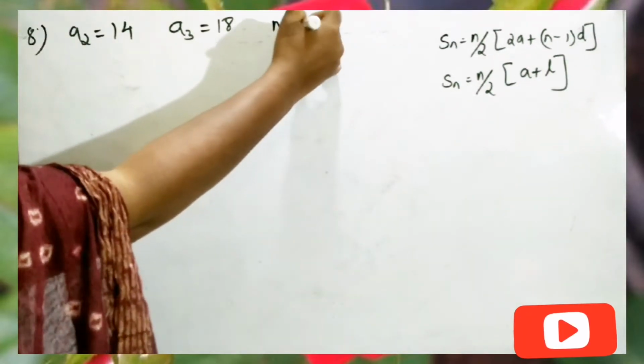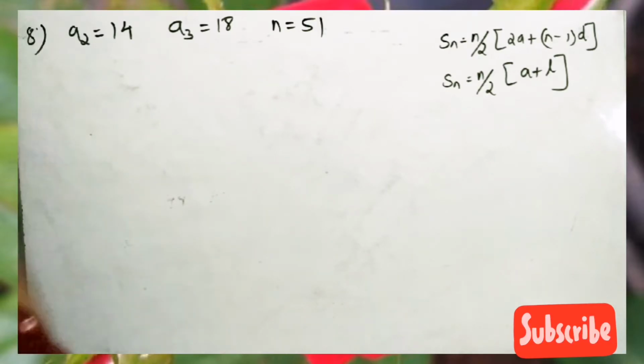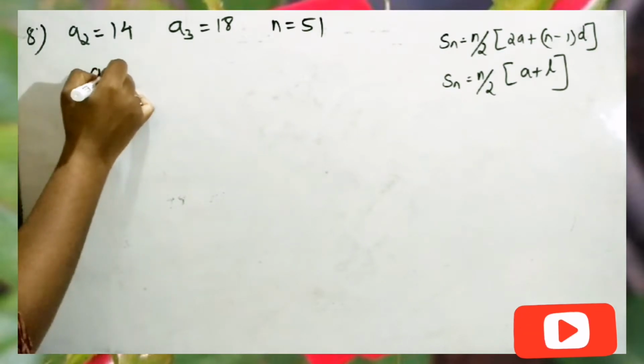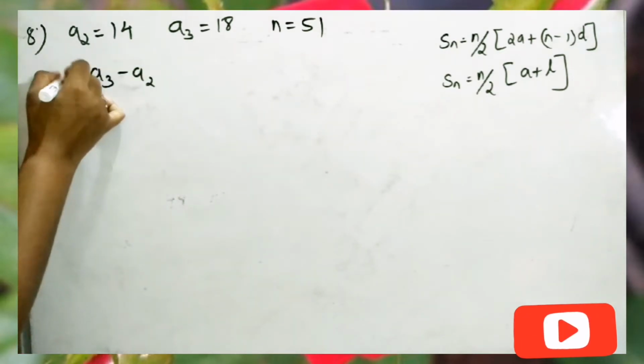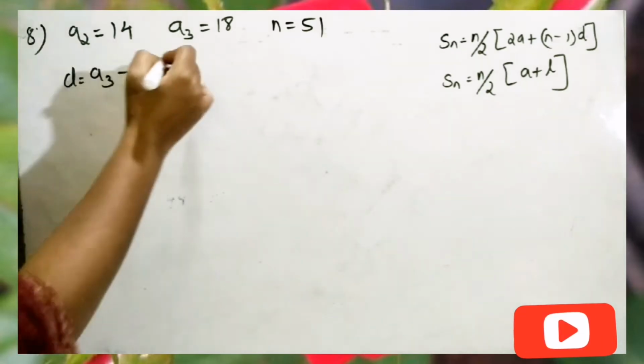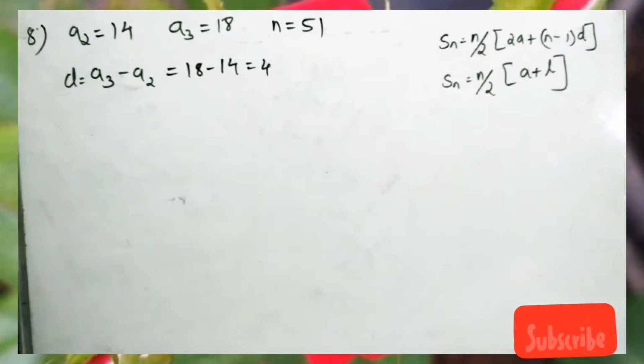Here we need to find out the value of a and d first. Then A2 and A3 are given. We know that A3 minus A2 will give d. The third term minus second term is our common difference. So A3 minus A2, 18 minus 14 is equal to 4.